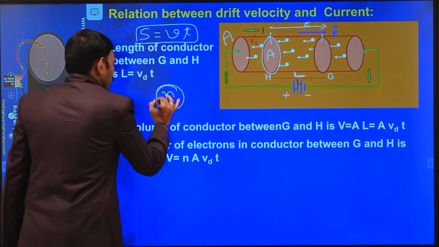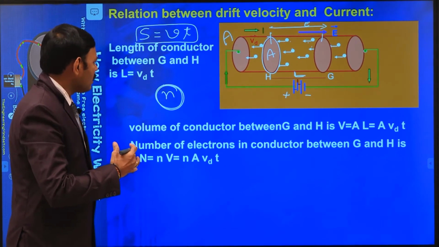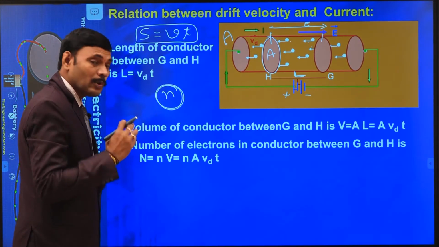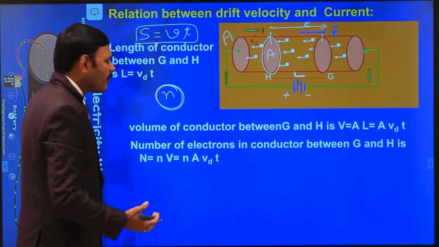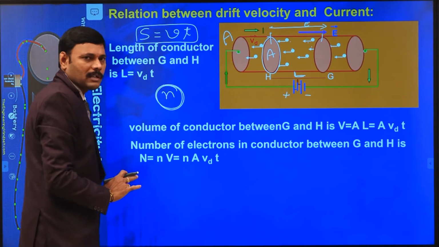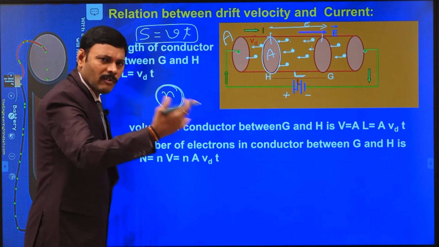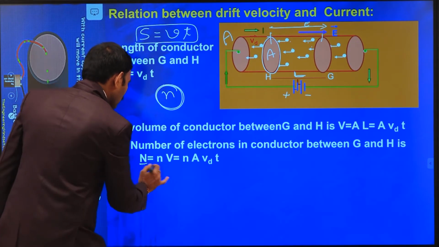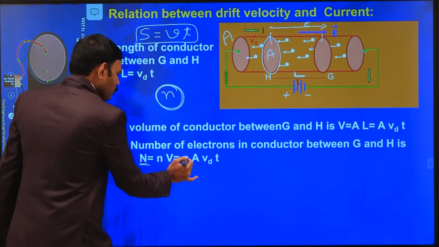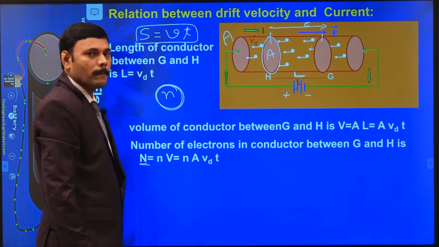In unit volume there are small n electrons. In a given volume, the number of electrons is equal to the number of electrons per unit volume into volume. I repeat: if small n is the number of electrons per unit volume, then in a given volume the number of electrons is equal to small n into volume. So small n into A into Vd into T.